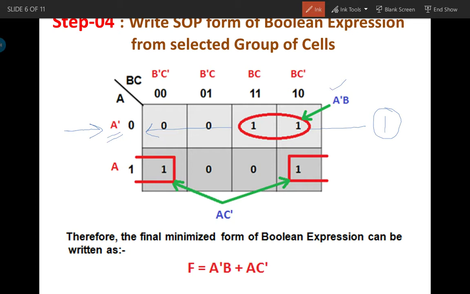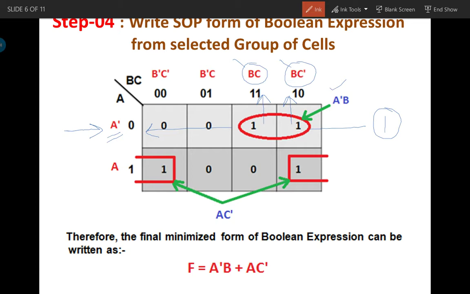Now this group, if you look at the vertical side, two cells are covered. One cell represents the Boolean expression BC and the other cell represents BC bar. So from these two expressions, the common variable is B, and C and C bar cancel out from the Boolean algebra rule.